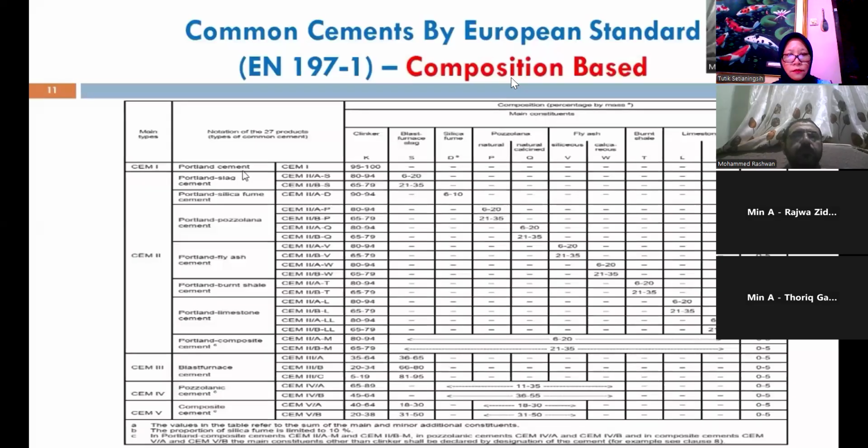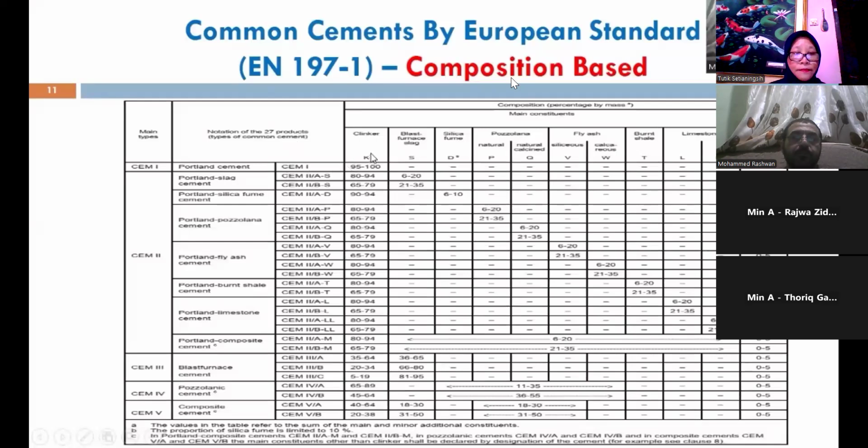As we see in this table, there are five main types of cement: CEM I, CEM II, CEM III, CEM IV, and CEM V. Each one of these main types is divided into one or more subdivisions, totaling 27 products. CEM I means Portland cement, which is the most common cement type all over the world.